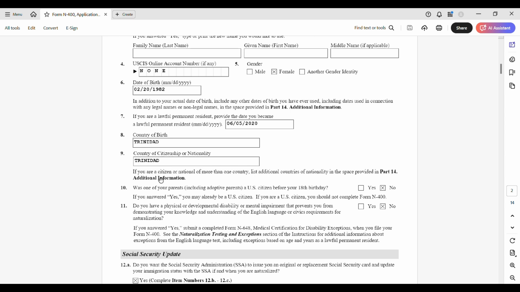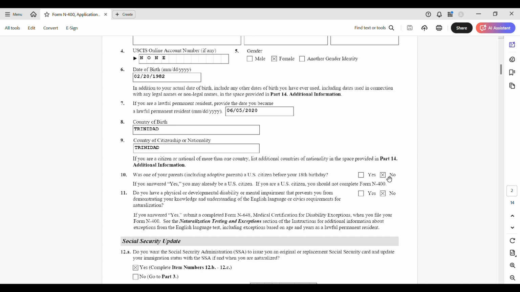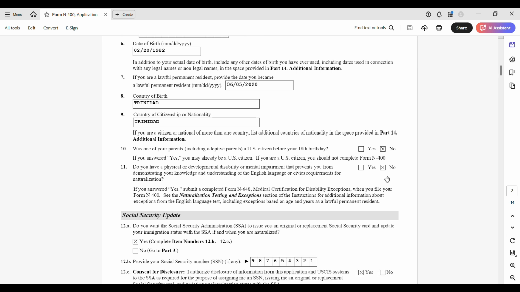If you are a citizen or national of more than one country, list additional countries of nationality in the space provided in Part 14, and that would be the additional information section. Number 10.